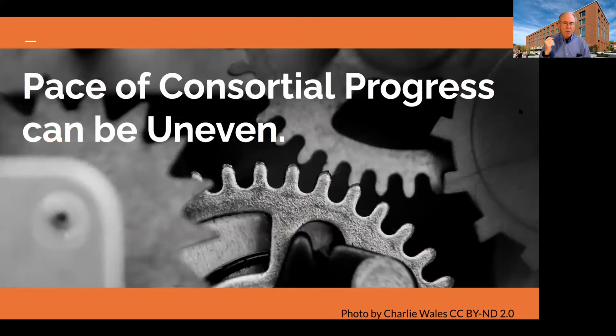Of course, one of the downdrafts is that sometimes the pace of consortial progress is uneven. It's a hurry up and wait. You're trying to accomplish something so big, it takes longer. You learn the scope as you go. And we could probably all name examples of things that took longer than we thought they would.